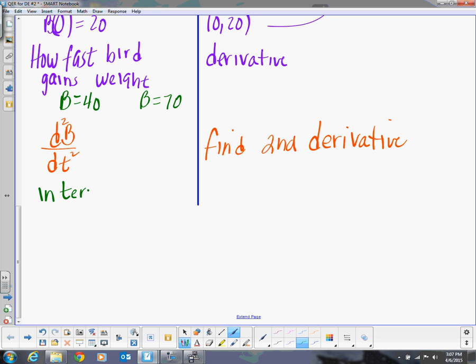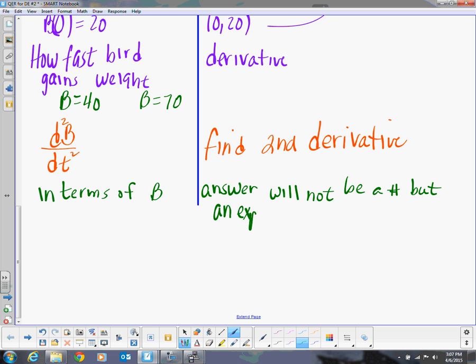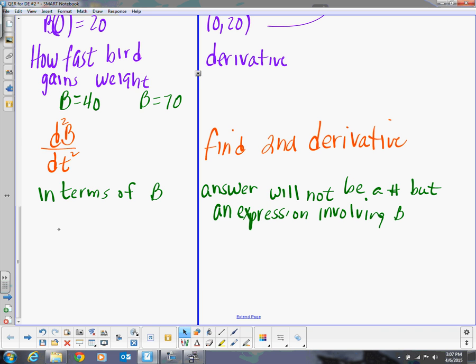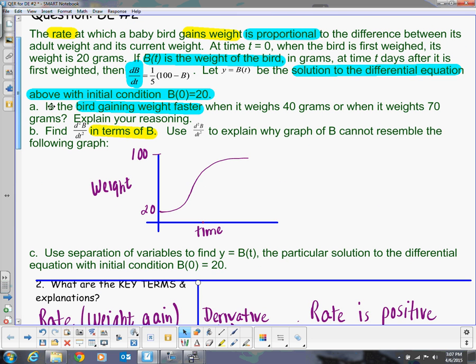In terms of B means that the answer will not be a number, but an expression involving B. So often we expect to find a number that it's important to know at the get-go that we're going to end up with an expression and not a number.